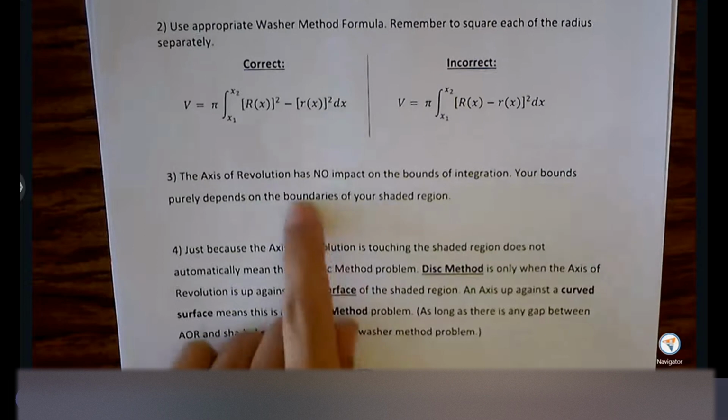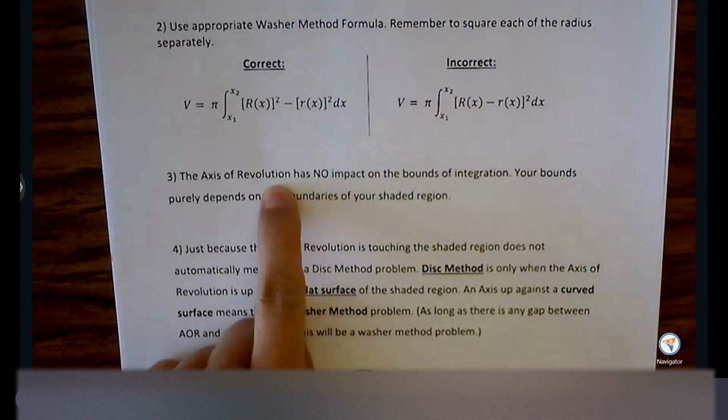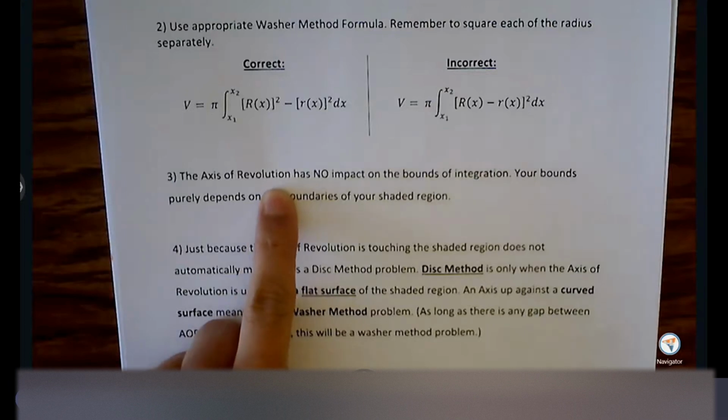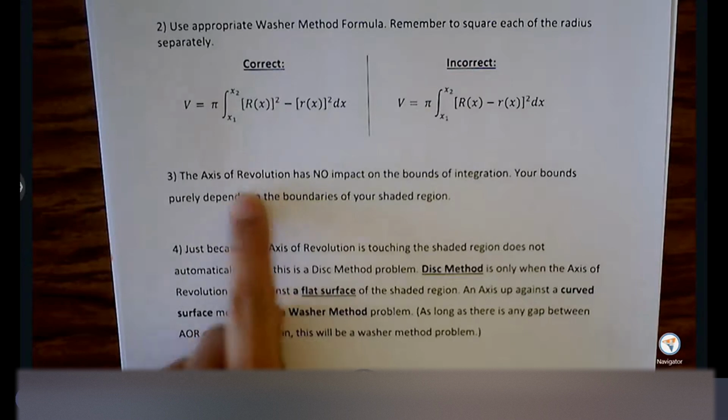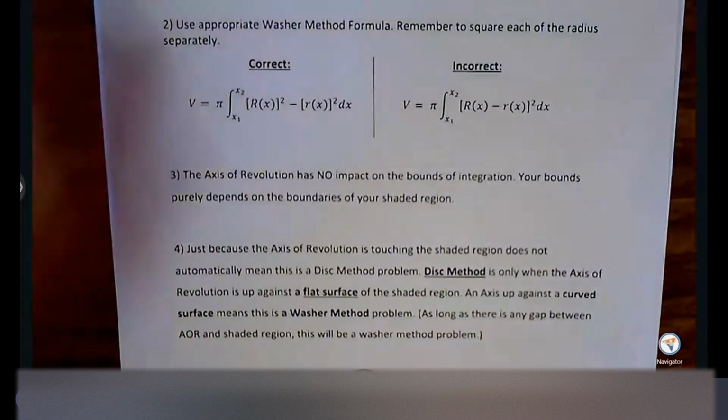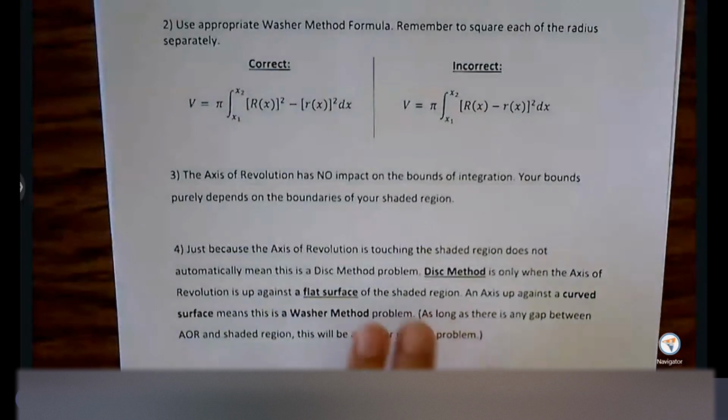Sometimes students get thrown off by the axis because they look at the axis and feel like it's got to play a role in the boundary somehow, and so they try to find a way to work that in. But ignore the axis when you're trying to find the bounds. It doesn't matter where it is. It doesn't matter if it's washer method or disk method. And we'll see an example of that on the bottom of this first worksheet, or today's worksheet.